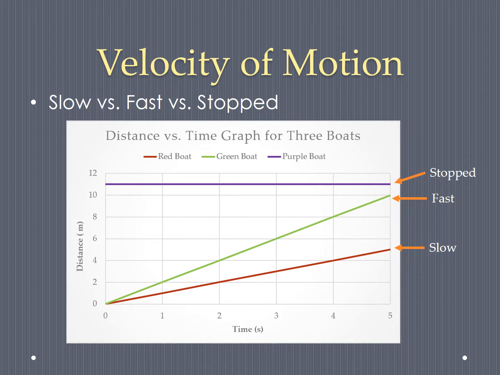After 5 seconds ticks along, that purple boat is still at 11 meters away. So the purple boat's position has not changed. Even though 5 seconds has gone by, it has been at 11 meters the entire time, which tells us that the purple boat is stopped. So flat lines on distance time graphs represent stopped objects.